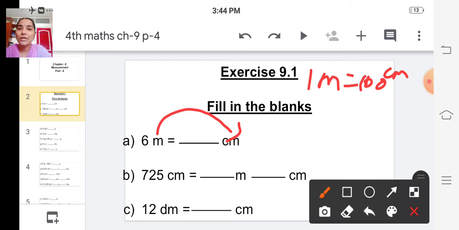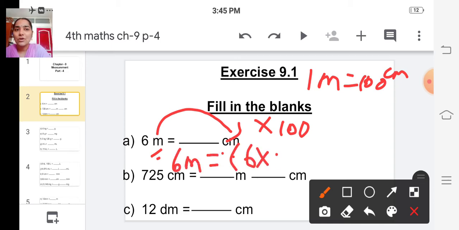From bigger unit to smaller unit. So we are going to convert the bigger unit into smaller unit. We have to multiply by 100. So 6 meter is equal to 6 into 100 centimeter, which is equal to 600 centimeter.